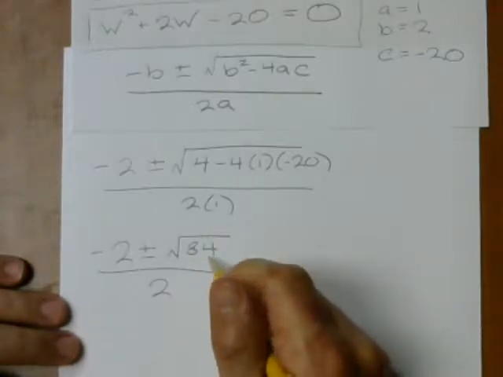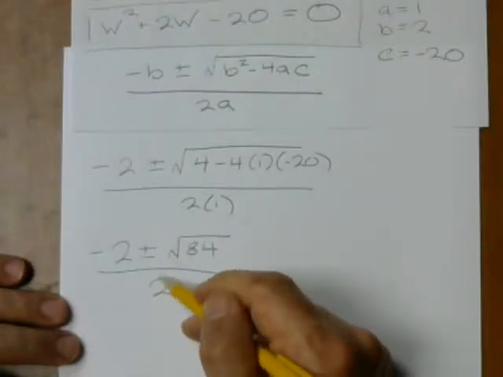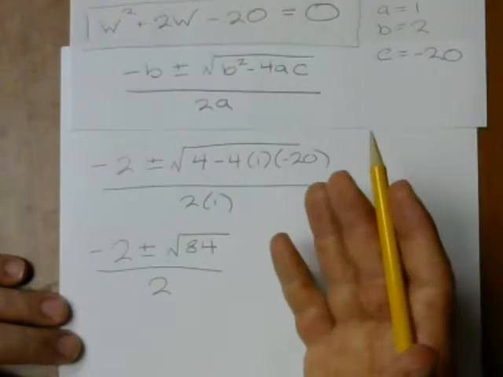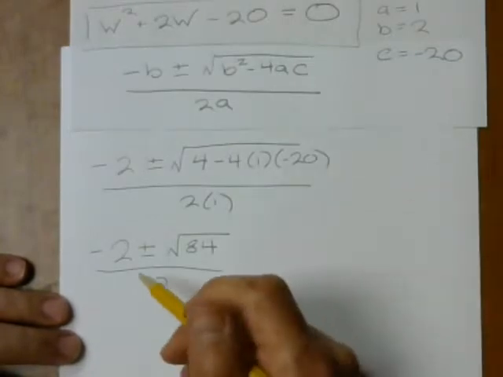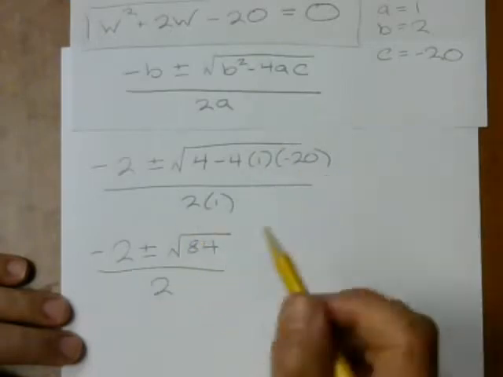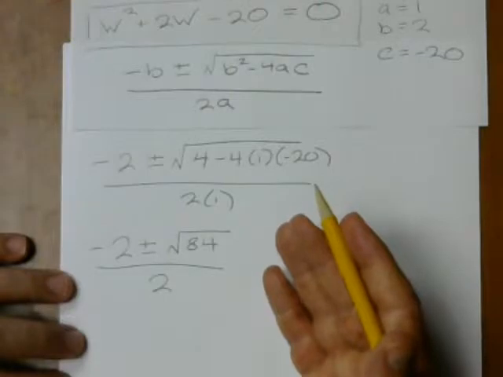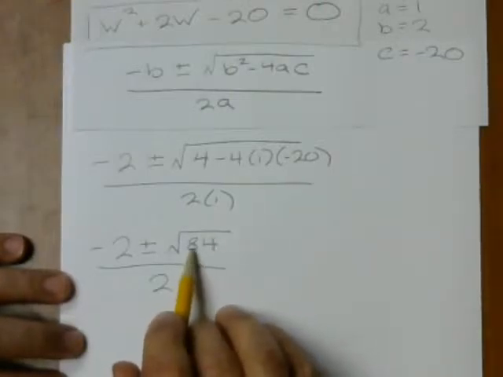Well, is it divisible by 4? That would be nice because then I could pull the 4 out and make it a 2 and I'd get one less fraction in the problem. I'd still have a root. Well, it turns out that 84 is divisible by 4 because it's 4 times 21.